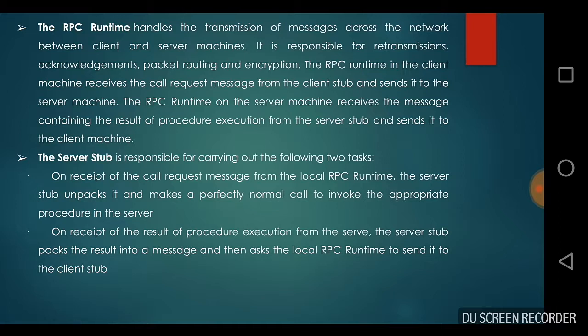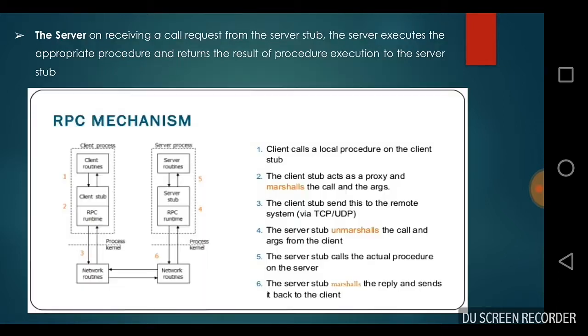On receipt of the result of procedure execution from the server, the stub packs the result into a message and then asks the local RPC runtime to send it to the client stub. That is, here first unmarshalling is done and then marshalling of data is done.